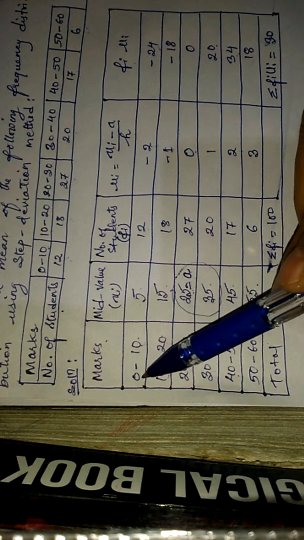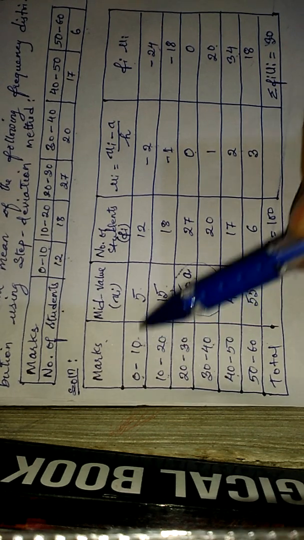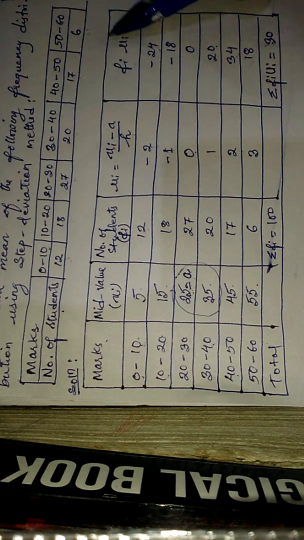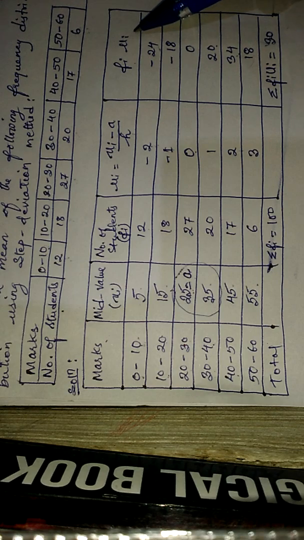Now collect the values from the question. These are given in the question, and this is also given in the question. In the mid value column, the mid value is taken from the class interval only.